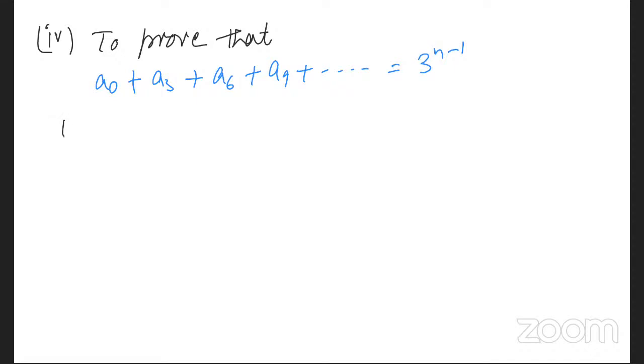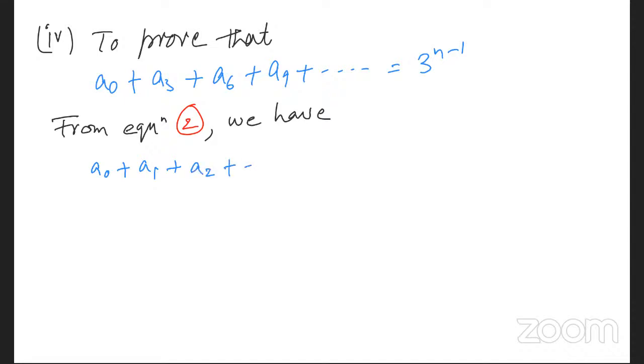From equation 2, we have a0 plus a1 plus a2 plus so on plus a2n is equals to 3 to the power of n from equation 2. Now put x equal to omega in equation 1.